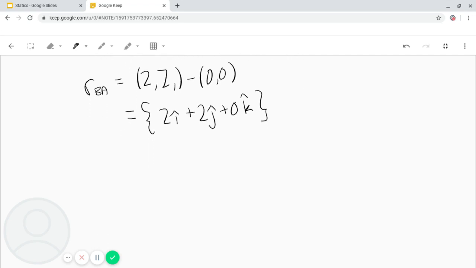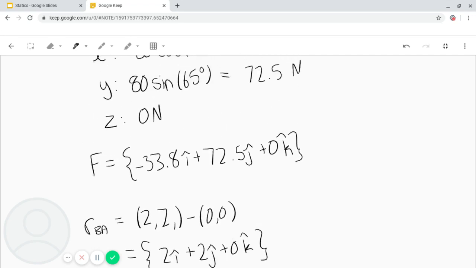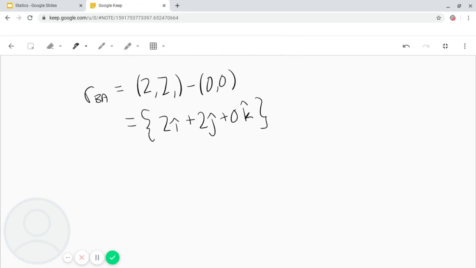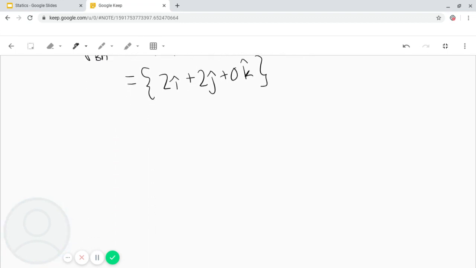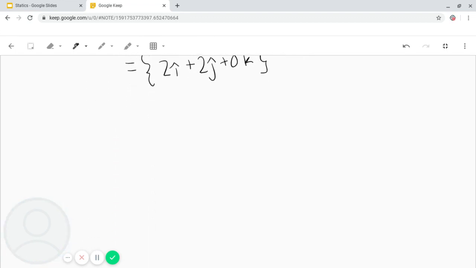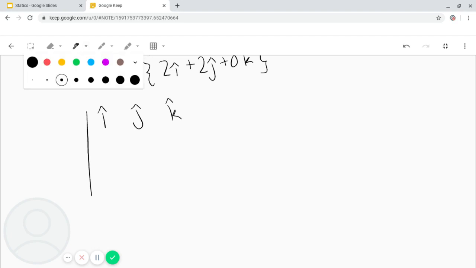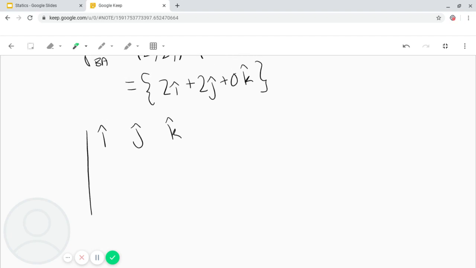So we have our force vector, and we also have our position vector. So we can go ahead and put that into our matrix here. So we have i, j, k, and then we're going to put in our position first.